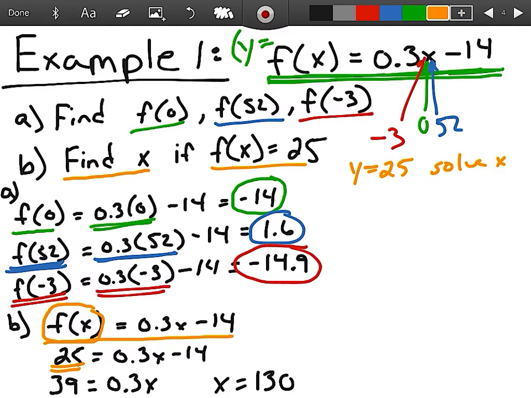So I just solve it backwards: instead of solving to figure out what the function of x is, I figure out what x is. So I put in 25 for my y value and set it equal to 0.3x minus 14. Add my 14, and then divide everything by 0.3. And your answer is 130.